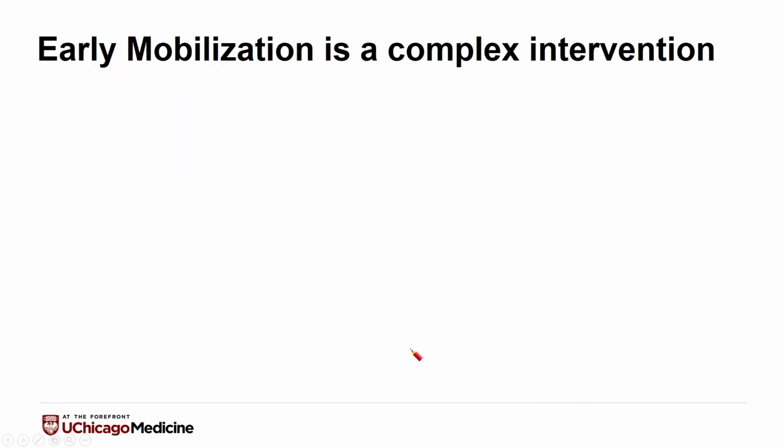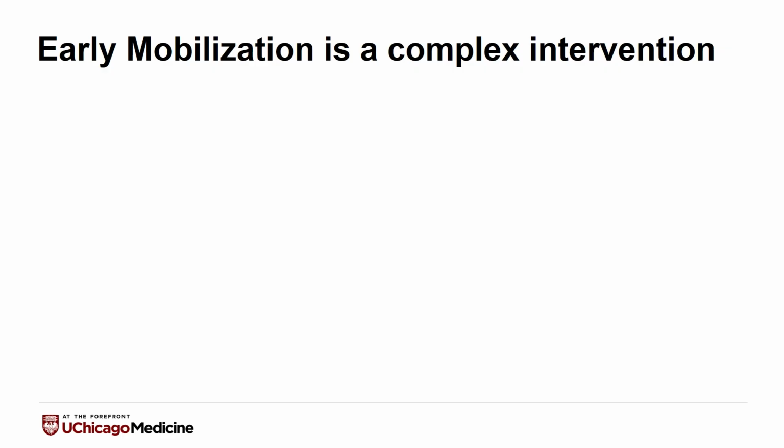So mobility is a complex intervention, and I just said that we're trying to shove a complex intervention into the first 3 days where patients are trying to survive. And so I understand that that can be quite challenging, to have an intercalation of the resuscitation with rehabilitation.